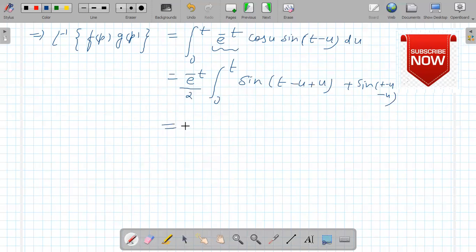So this is equal to e raised power minus t upon 2, integral 0 to t of (sine t plus sine (t minus 2u)) du. Here I had missed du.